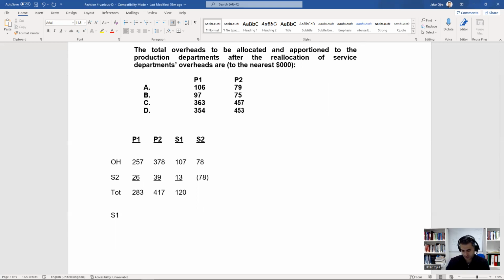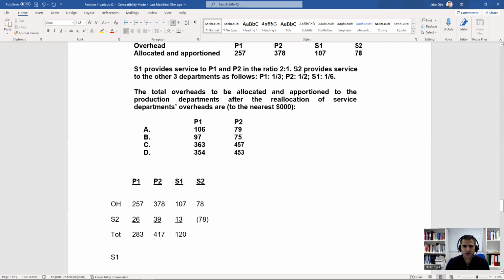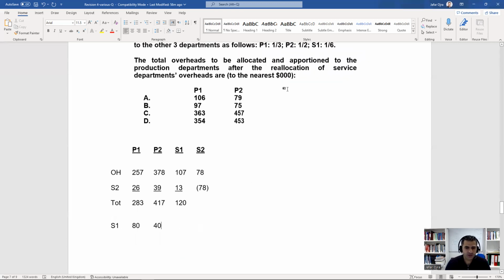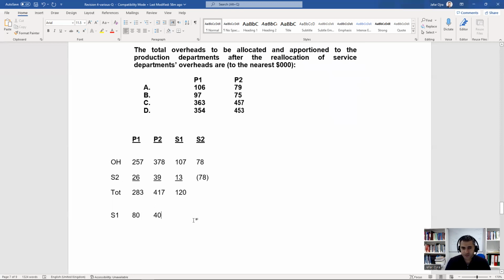So in this case, 120 multiplied by 2 to 1, this means 2 divided by 3, that's 80. And 120 divided by 3, that's 40. Here we go.